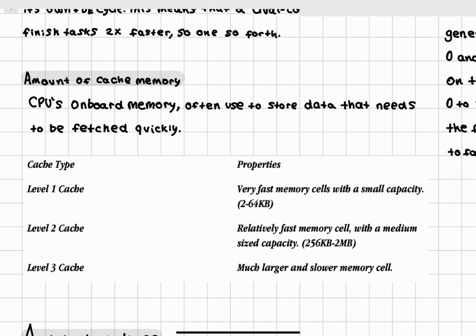Level 1 cache is very fast memory cells with small capacity. Level 2 cache is relatively fast memory, between 256 kilobytes and 2 megabytes. And level 3 cache is much larger, but it's very slow in comparison to level 1 and level 2.